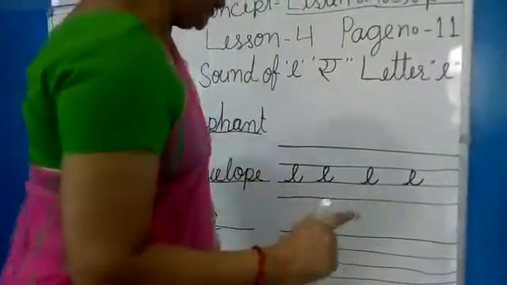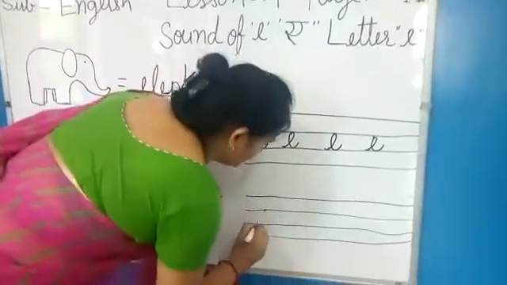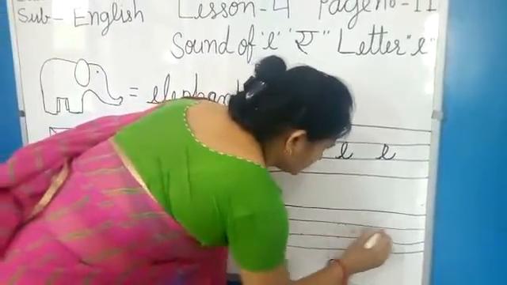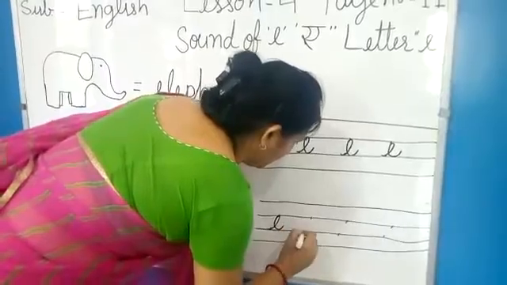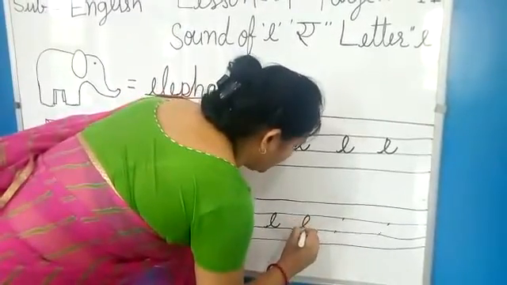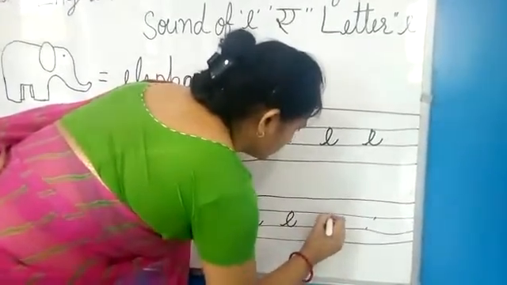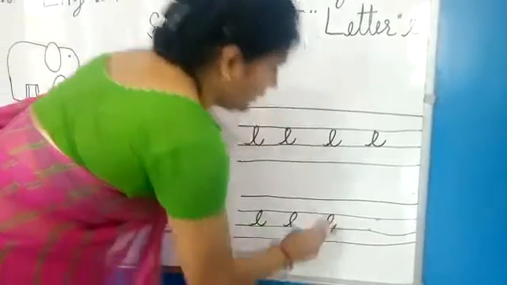Once more children, how to write cursive letter E. Go up and down and up. Go up, down and up.